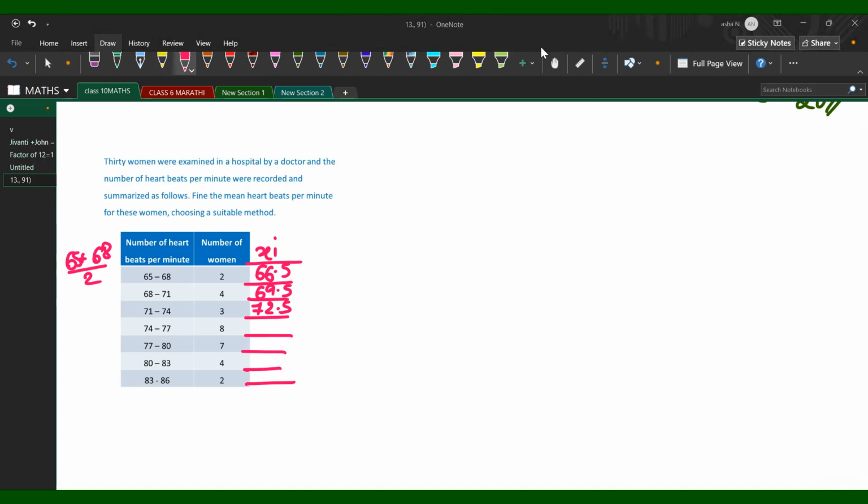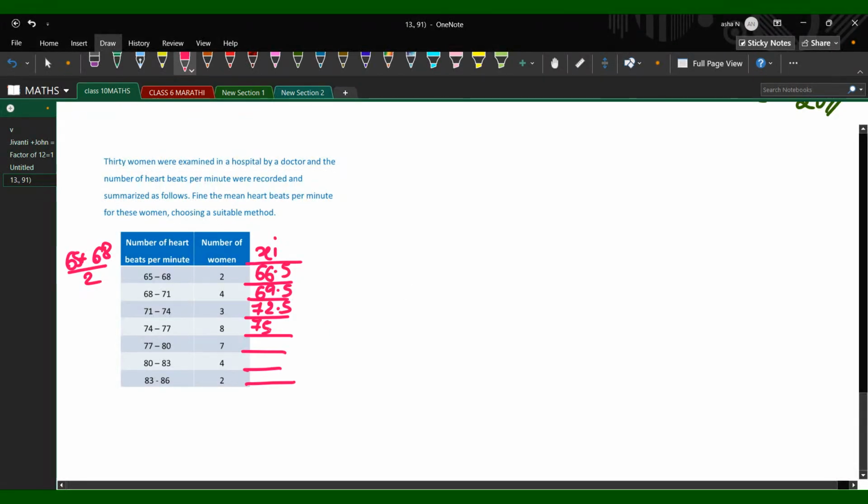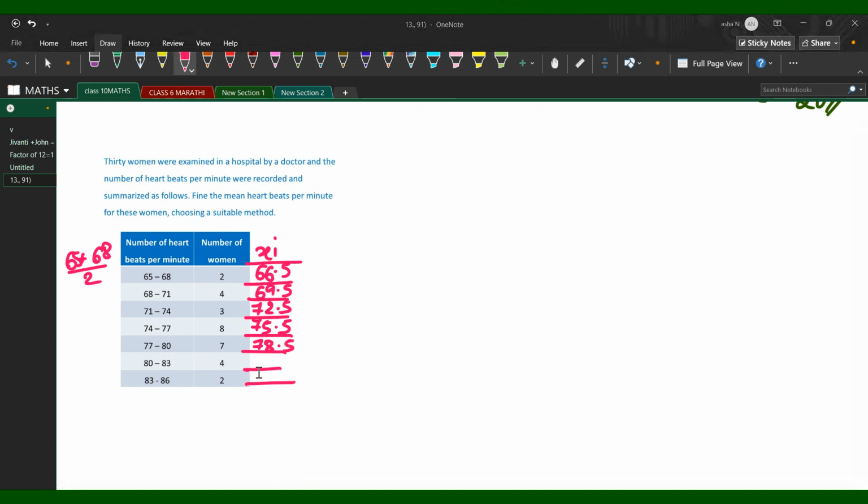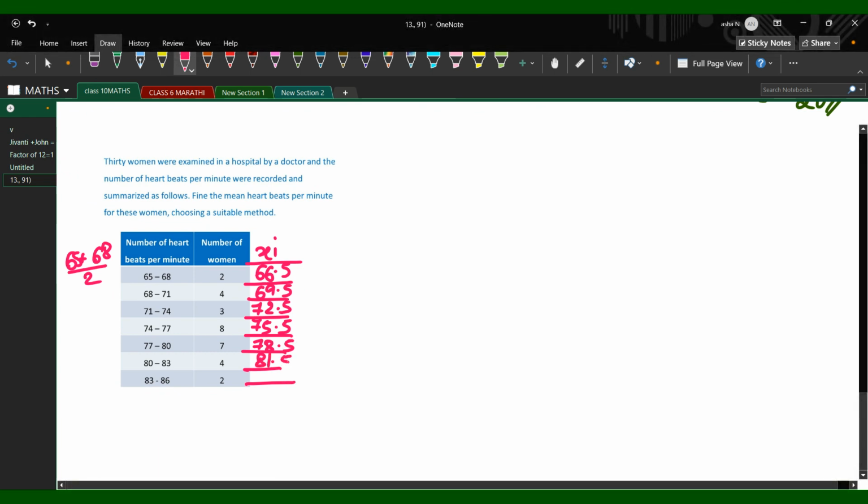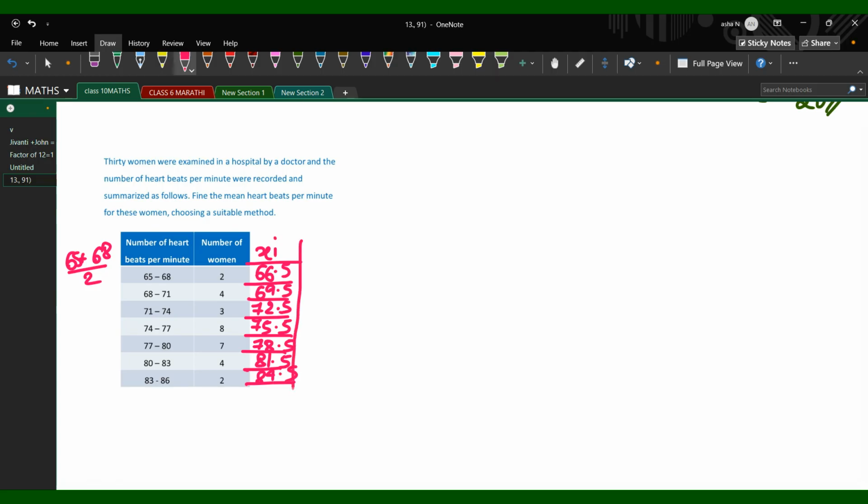Then after 72.5, 75.5, 78.5, 81.5. Okay, now find out fi, sum of fi xi.